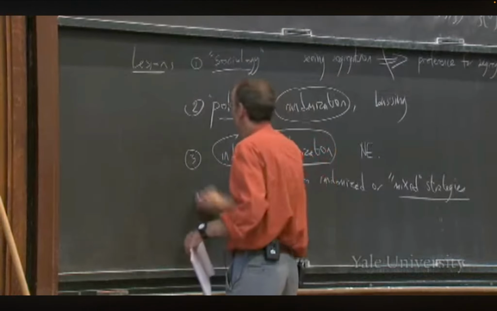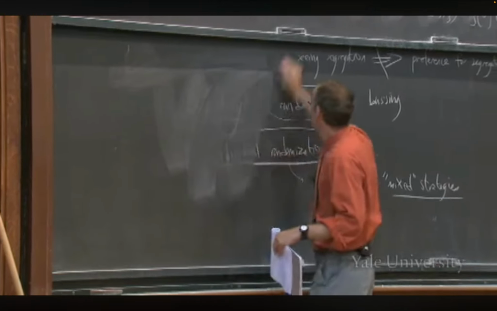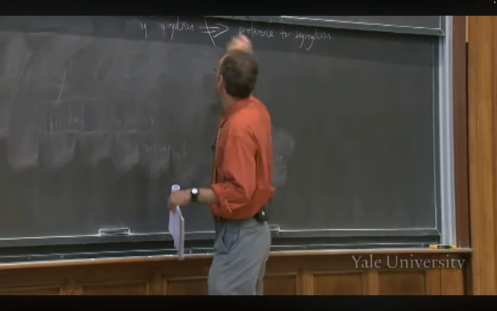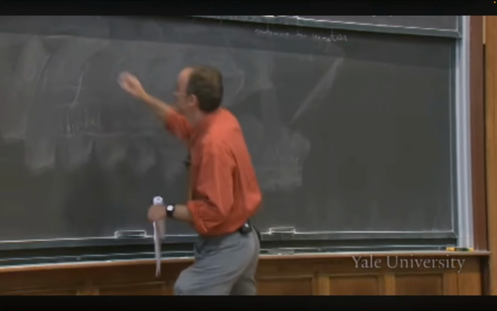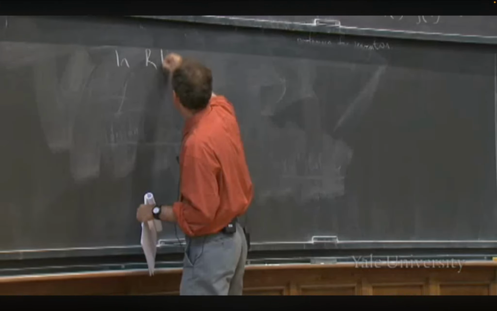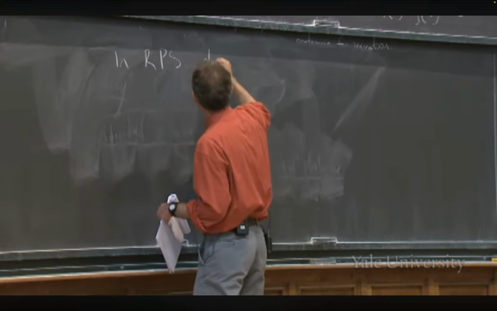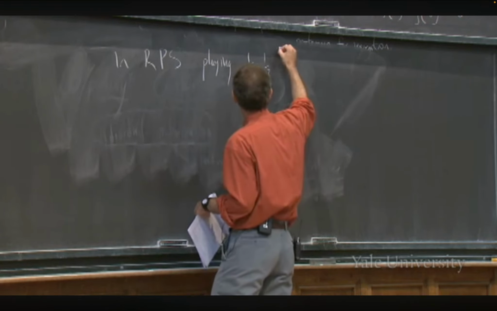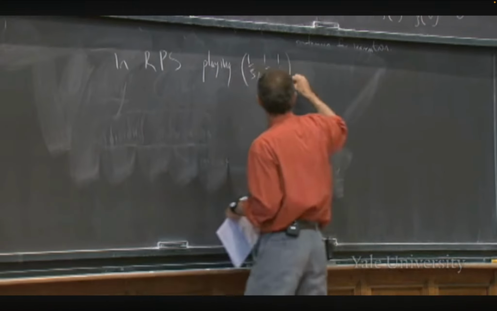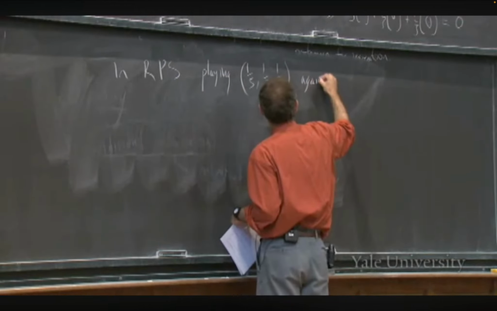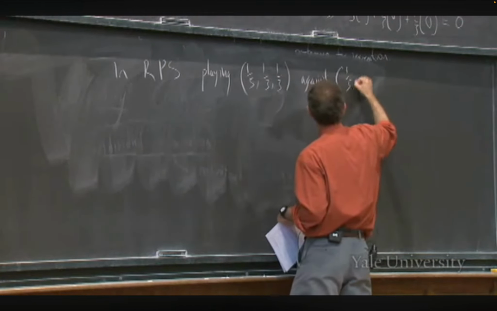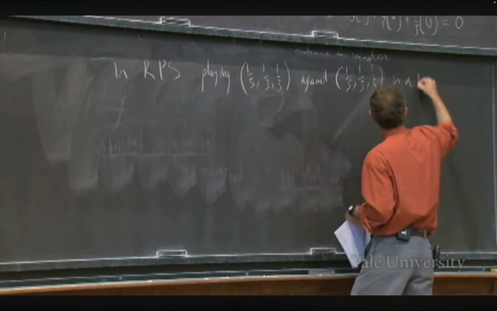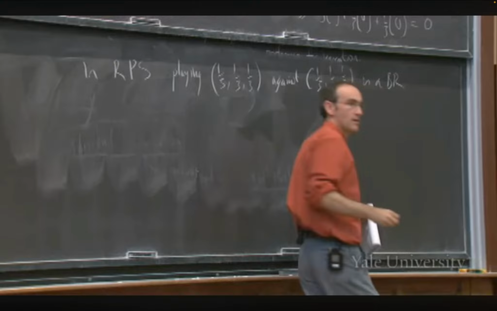So what we've shown here, and we'll stop with this, is that in rock, paper, scissors, playing a third, a third, a third against the other guy playing a third, a third, a third is a best response.